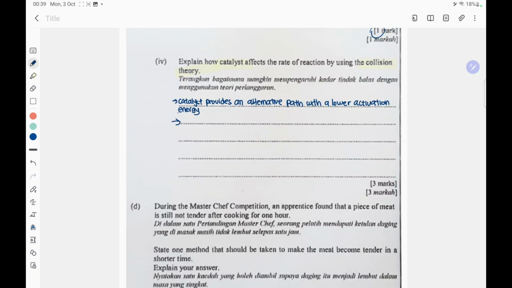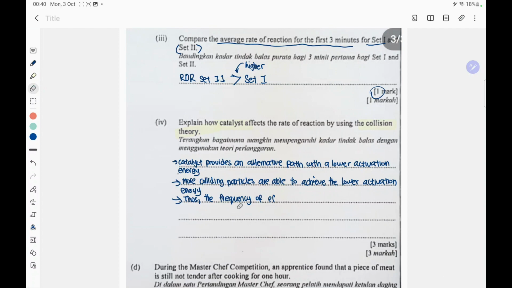So when the activation energy is lowered, more colliding particles are able to achieve the lower activation energy. Thus the number of collisions.